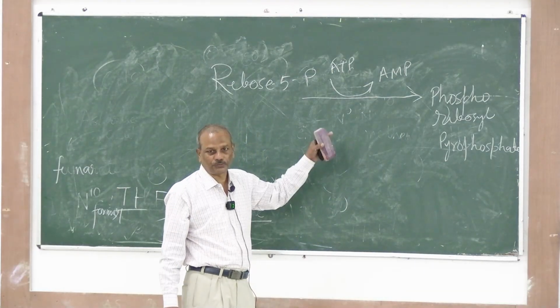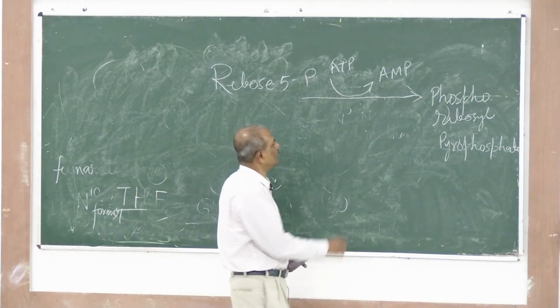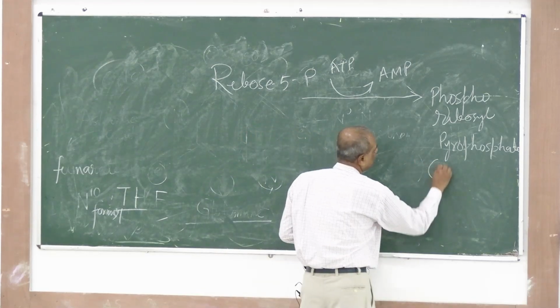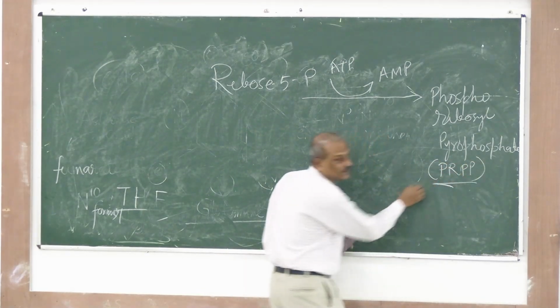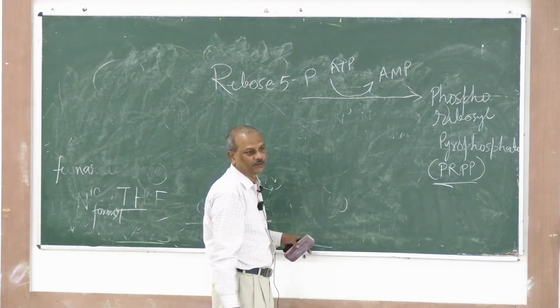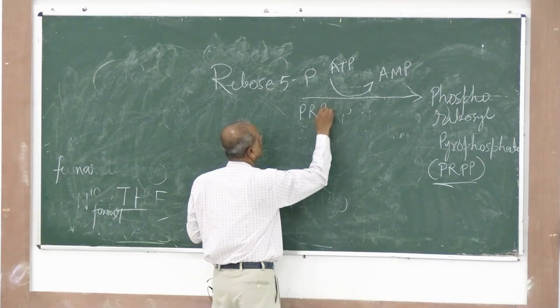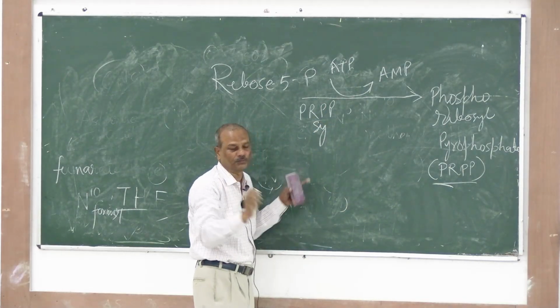So it is a wastage of 2 high energy compounds. So this step is catalyzed, since PRPP is the name, basically it synthesizes PRPP. So the enzyme name is PRPP synthetase.